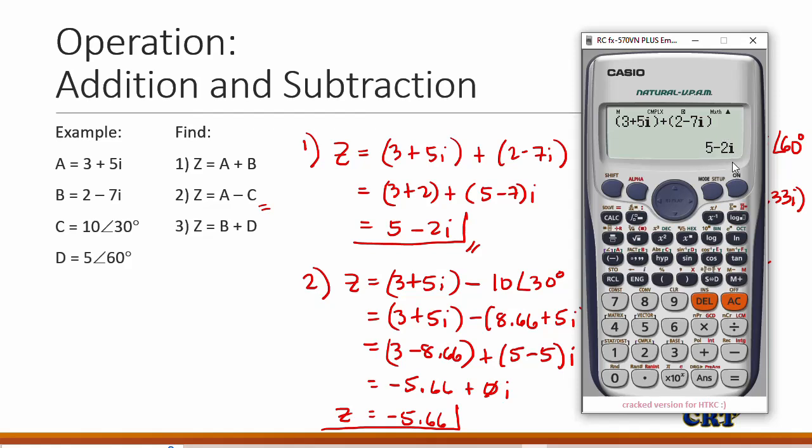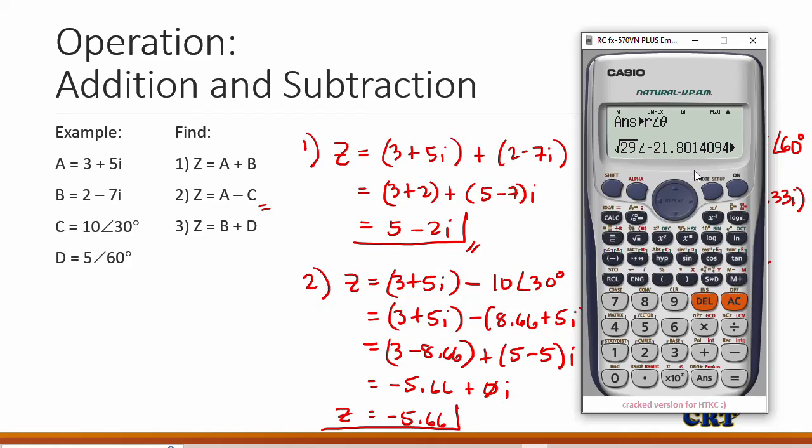If you want to convert 5 minus 2i to polar form, you can simply press shift, then look for the key corresponding to complex. This is number 2, and then you have the options here, but consider for the meantime option 3, the r angle theta. So press 3. So this is the conversion of 5 minus 2i. This is the square root of 29 angle of negative 21.8.